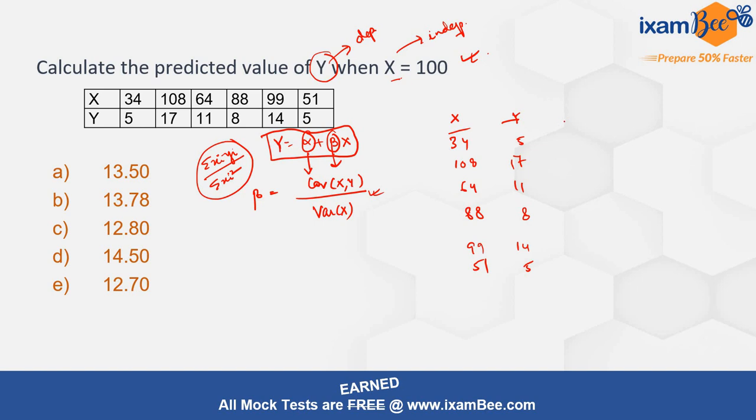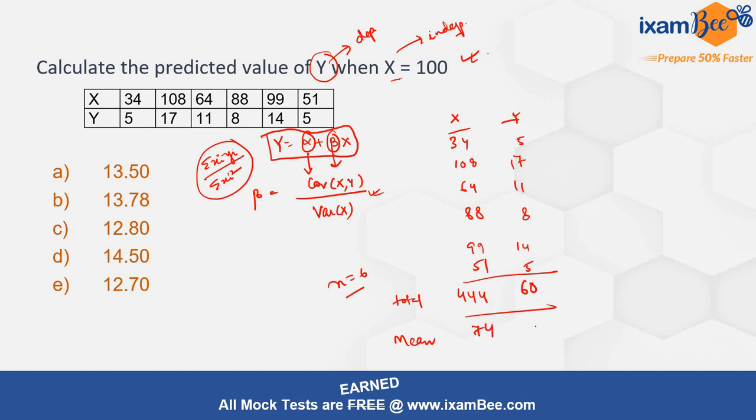So first you will have to find out x bar. When you take the sum of the series, you have 444. Here the sum is 60, this is the total I'm talking about. So the mean is going to be 444 divided by 6. Here n is 6, so you have 74.